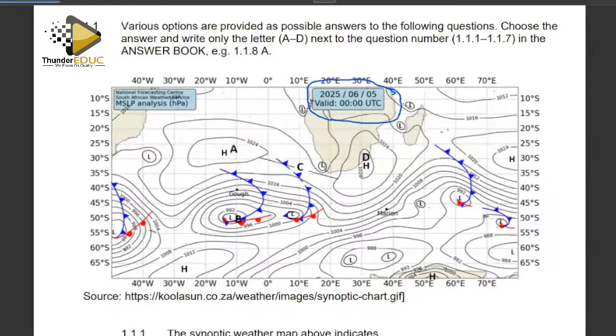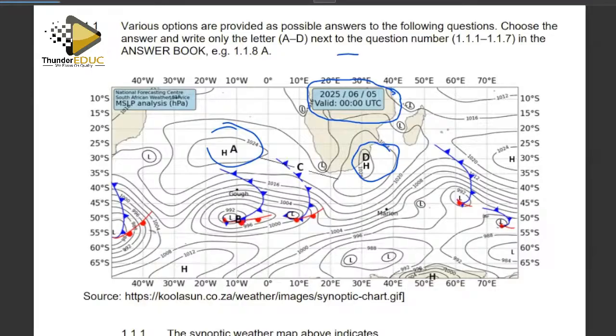And also, if we check on the position of this high pressure cell and this high pressure cell, we can figure out the season for the map. Right. For this reason, we have our date, June.